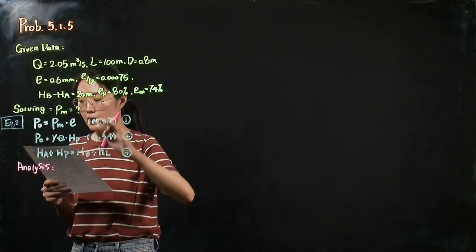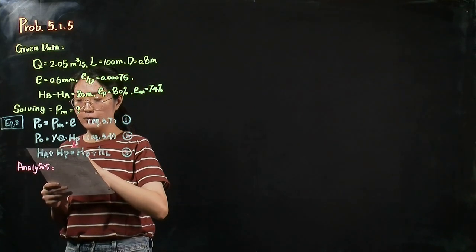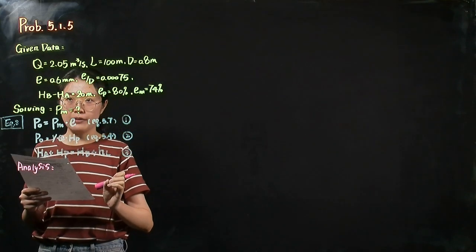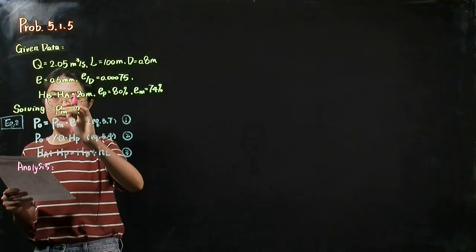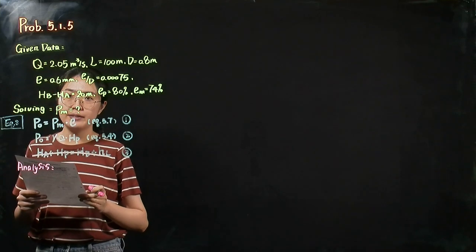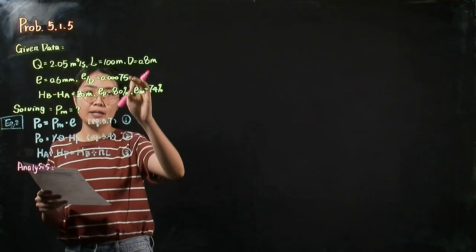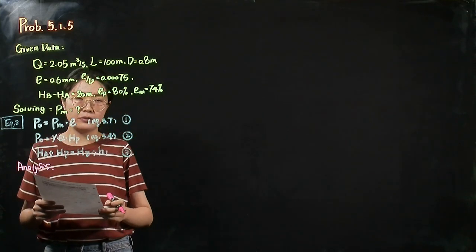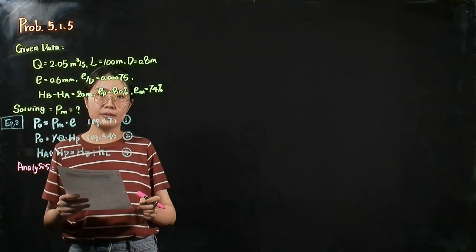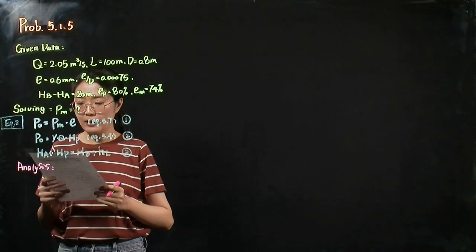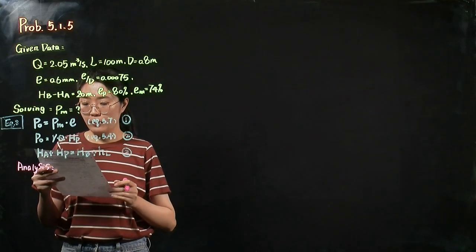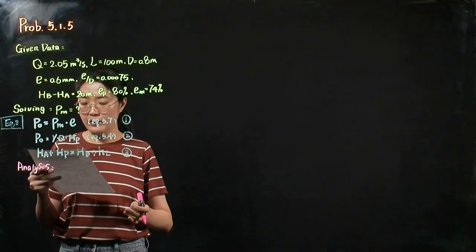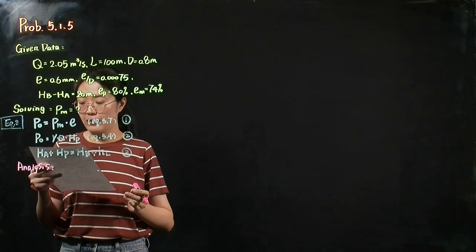Because the pipe is made of rough concrete, based on the information in the textbook, we can find the roughness equals 0.6 millimeter. Based on the diameter and the roughness, we can calculate the relative roughness, which equals 0.00075.